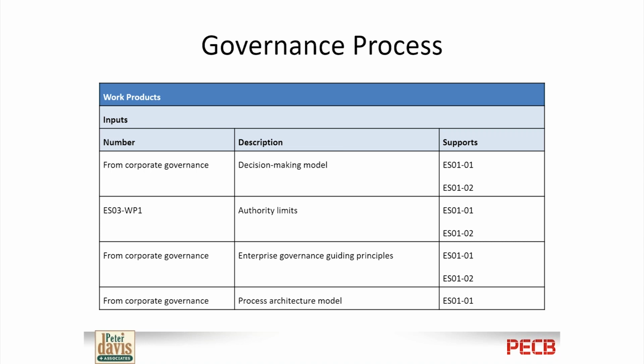As well, we see that we have some enterprise governance governing principles, overall things that come from corporate governance. And the last thing is a process architecture model. So how are we going to create our processes? Do we have a standard format for documenting them like I'm showing here? So again, how do we create and maintain processes themselves?